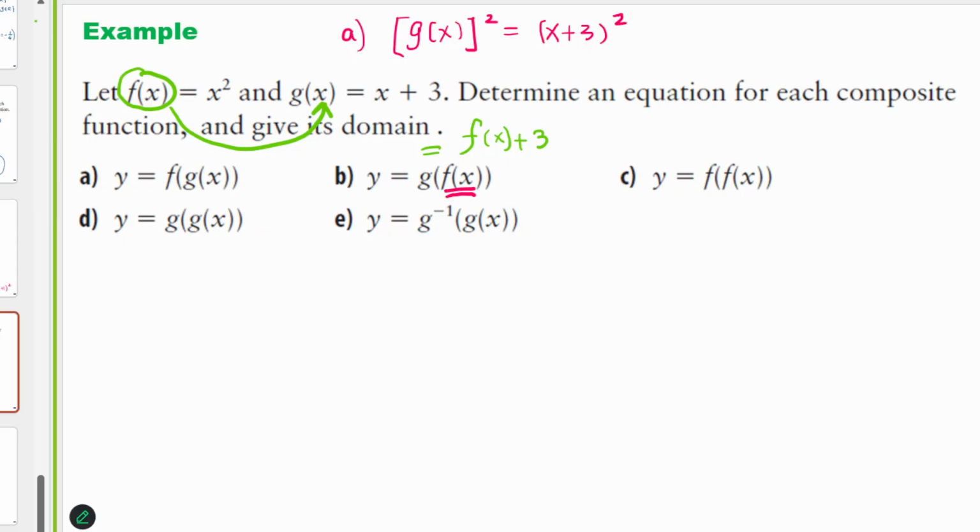Because when the input is x, the output is x plus 3, right? Then when the input is f(x), of course, the output is f(x) plus 3, right? You see that? So what is f(x)? f(x) is x squared. Therefore, g of f(x) is x squared plus 3. You see that?